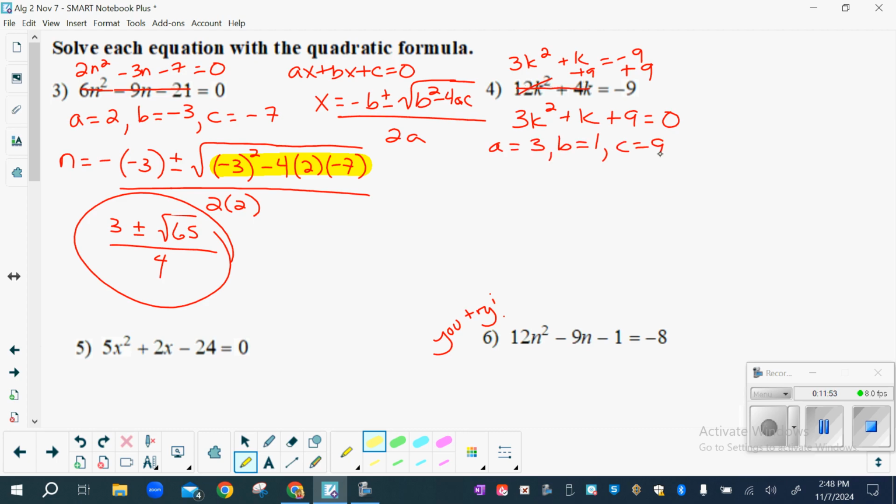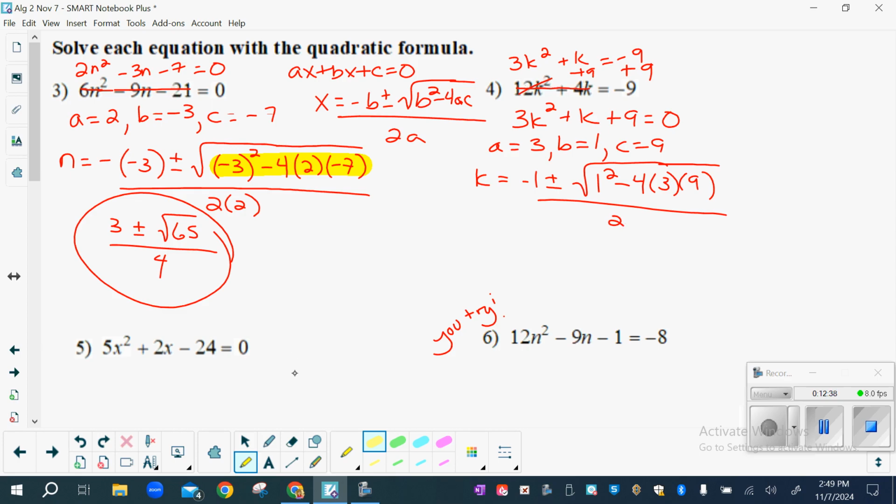Yep. So now we're going to put it into the quadratic formula. Derek, do that for us. Yep, -1. Okay. And then on the bottom is 2 times.